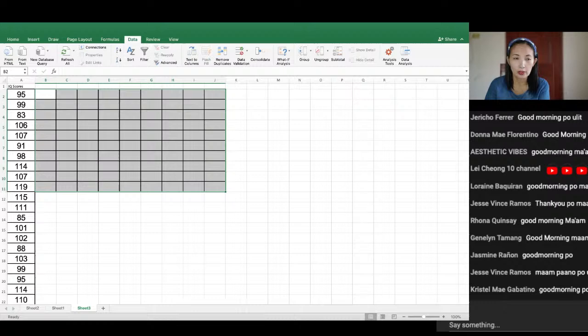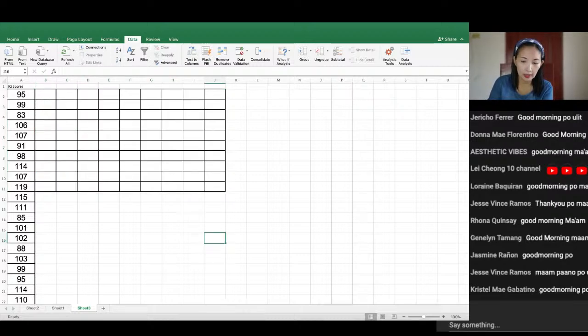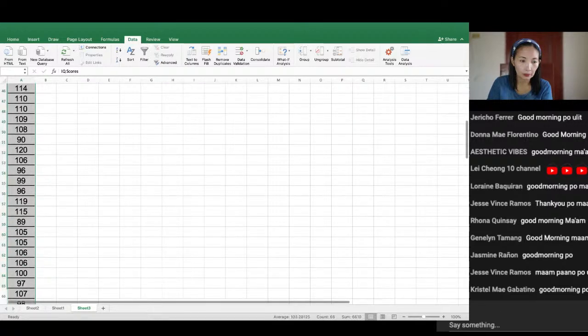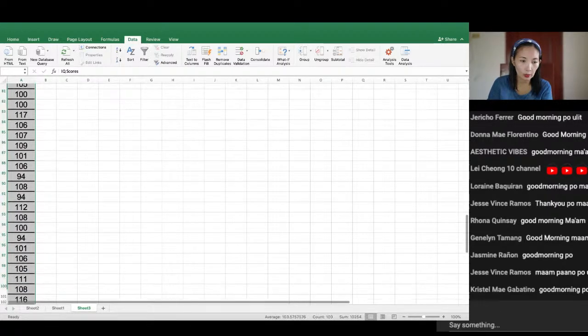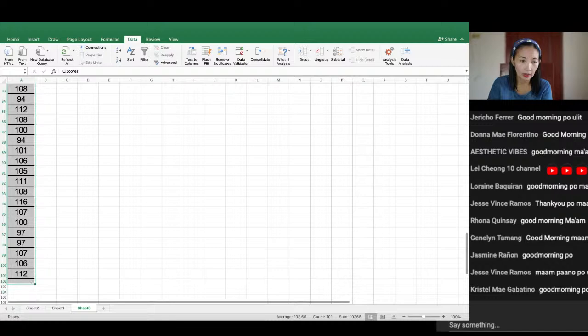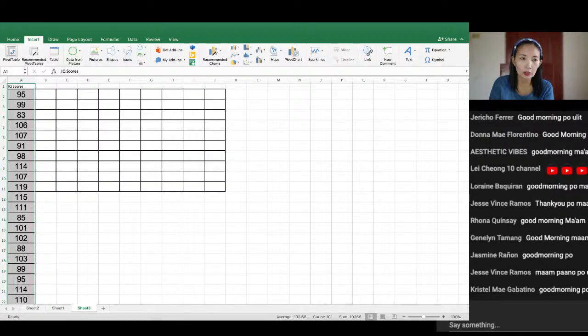So we have to highlight it, including the label, until 101. And then we go table, pivot table.